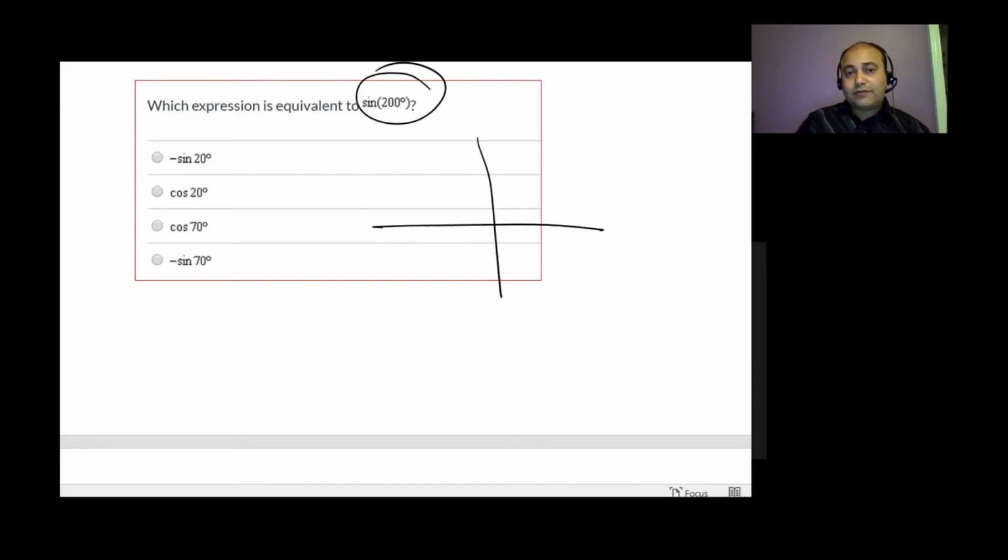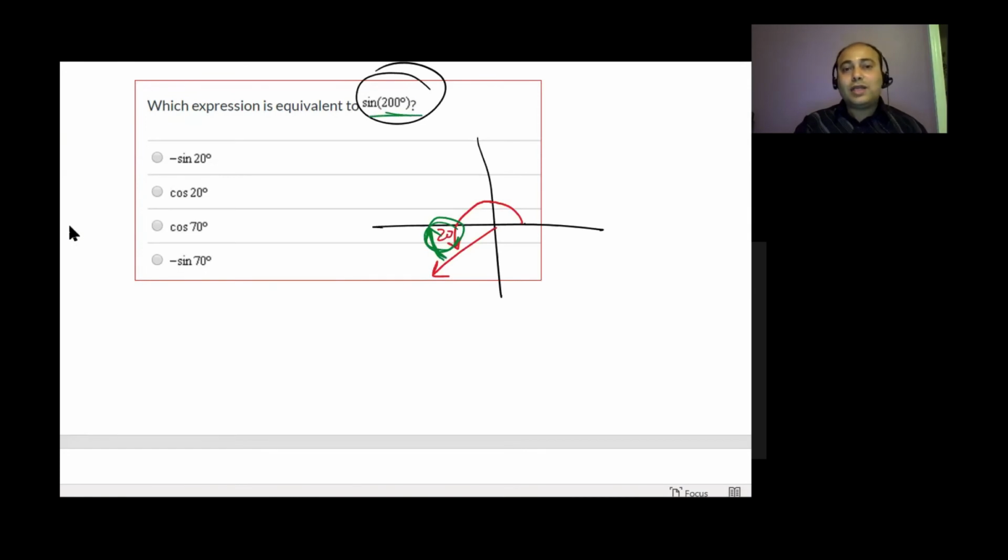That is 180 plus 20, right? So the angle from this one to the x-axis right here is 20.